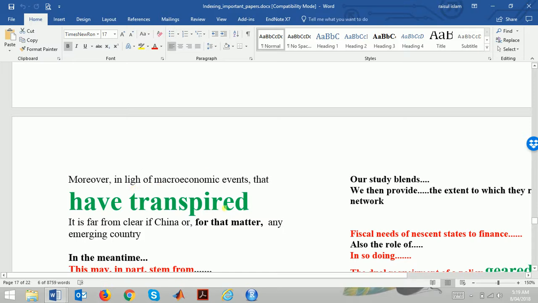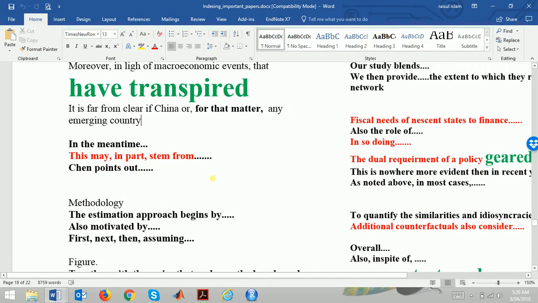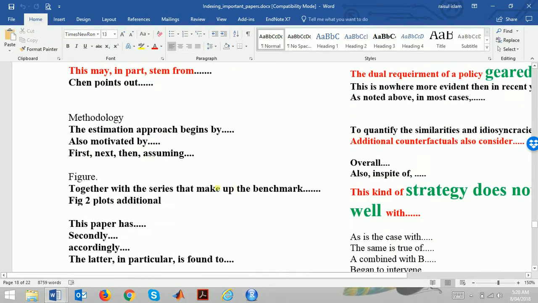Moreover, in light of macroeconomic events that have transpired, it is far from clear if China, or for that matter, any emerging country. In the meantime, this may in part stem from, Shen points out, methodology.